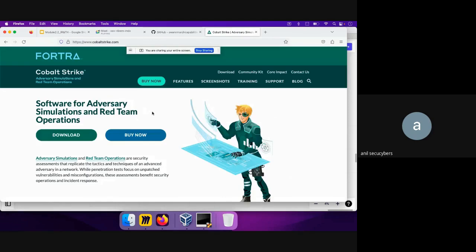It is actually quite costly, but there are a lot of links from where you can download it for free. It has been leaked multiple times and used by multiple attackers. That's why even a lot of script kiddies have this kind of tool.